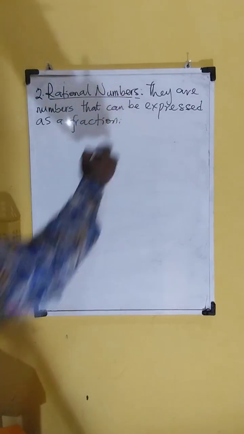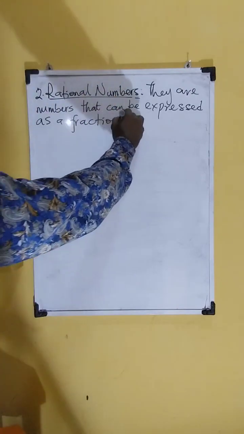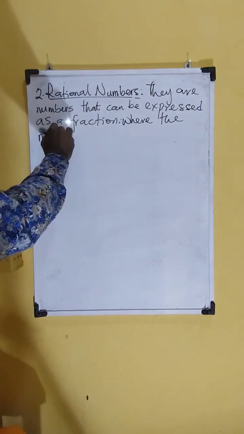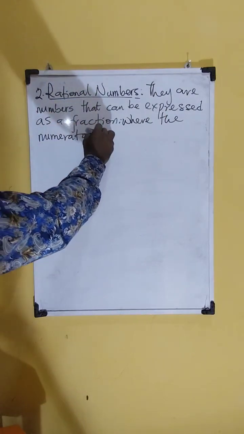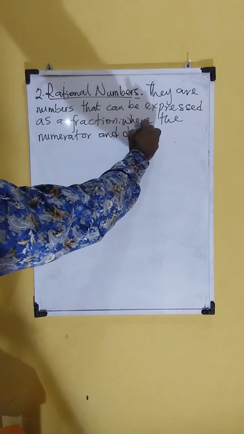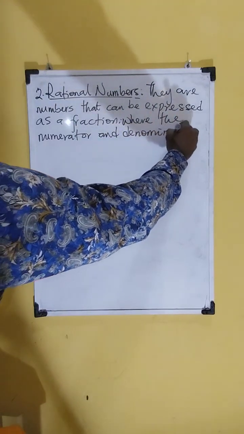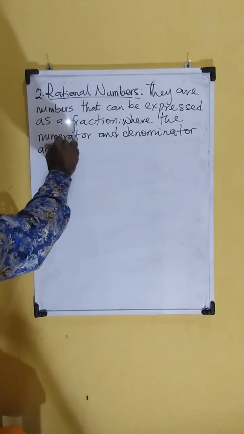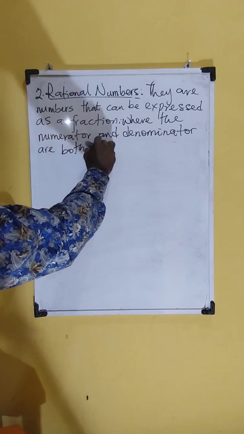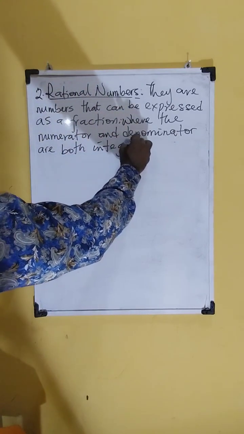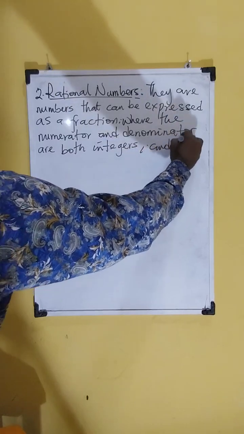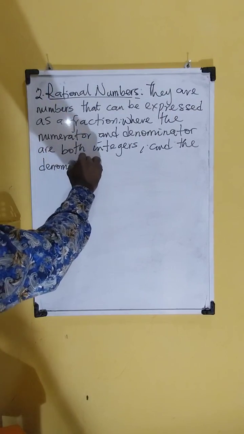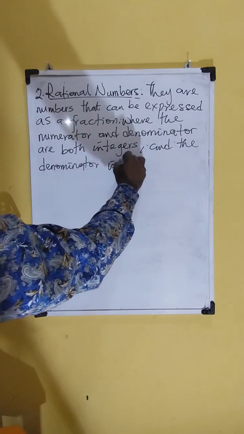And it does not just stop there. It also says that the numerator and the denominator are both integers, and the denominator is not 0.